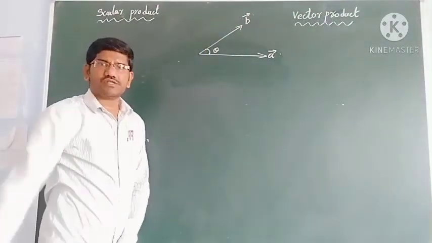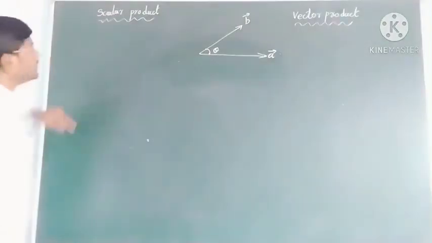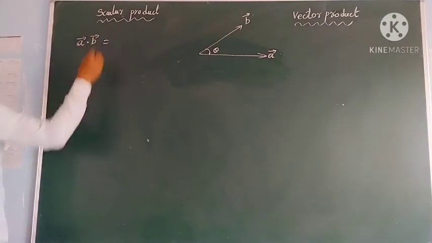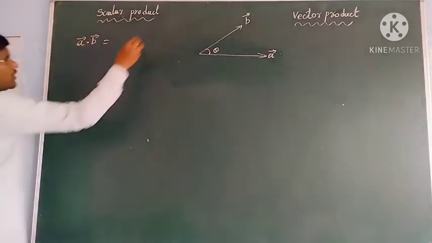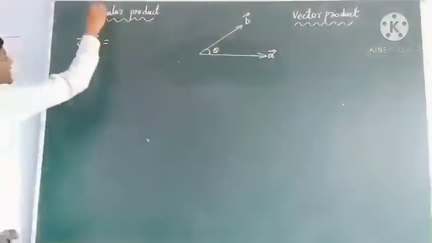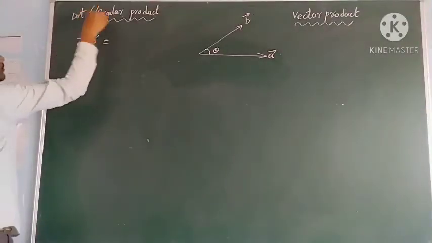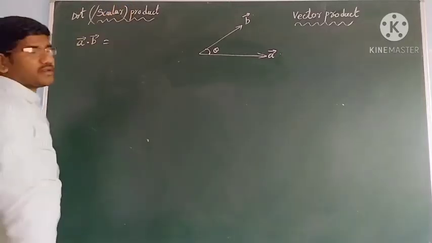Then how is the scalar product defined? A bar dot B bar, we read it as dot, that's why it is also called the scalar product. Dot product or scalar product you will call.